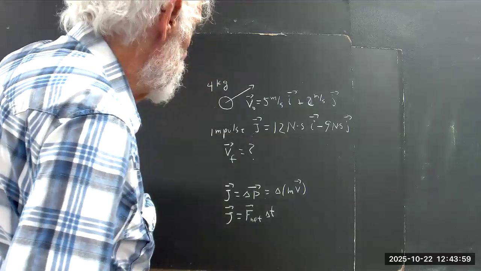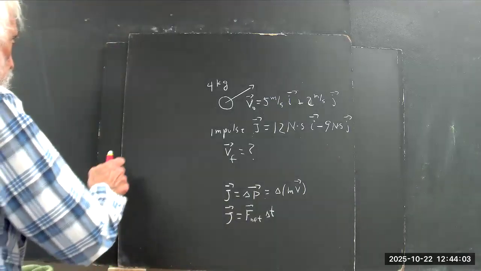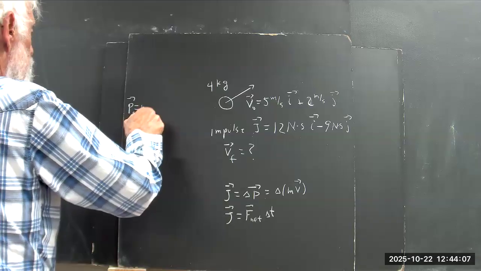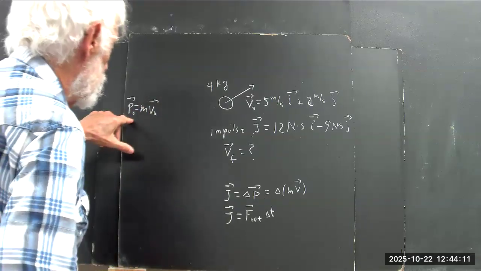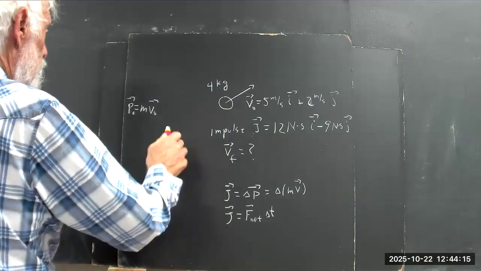We can directly calculate the change in the momentum. So one way to approach this is to calculate the initial momentum, which is mass times the initial velocity.